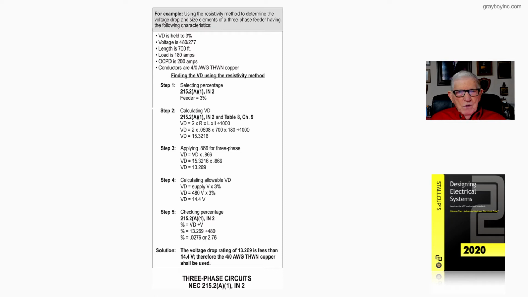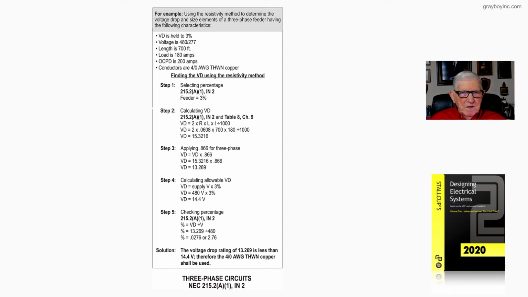So 2 times 0.0608, the 4 AL resistivity value that we pick up in Table 8 to Chapter 9, using the calculation of 2 times 0.0608 times 700 times 180 divided by 1,000.